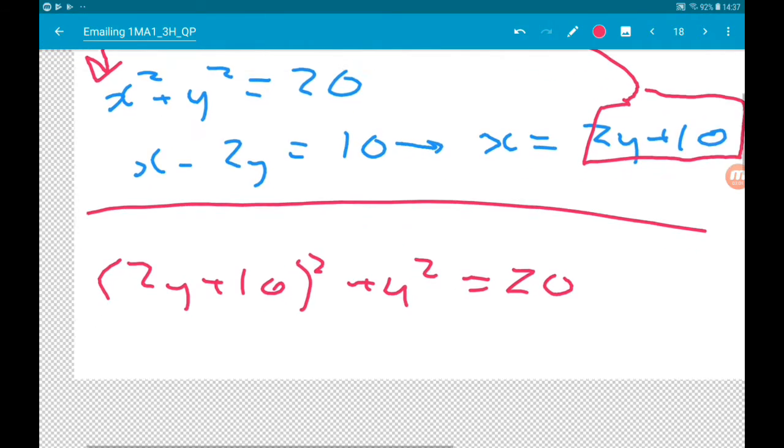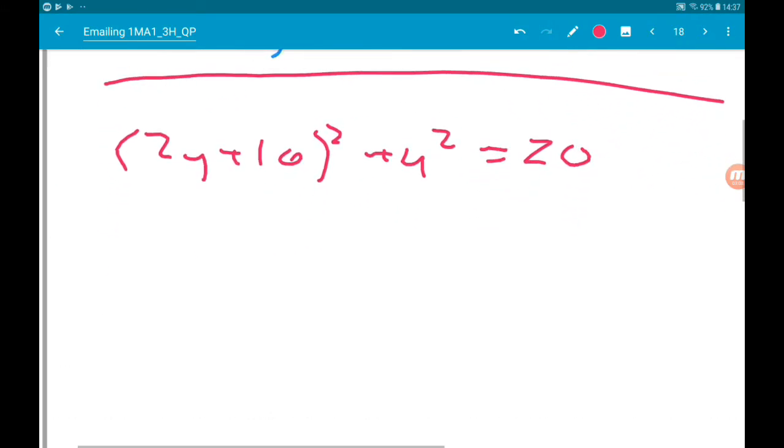If we expand this bracket, we get 2y times 2y, which is 4y squared. Remember, 2y add 10 squared means 2y add 10 times 2y add 10.